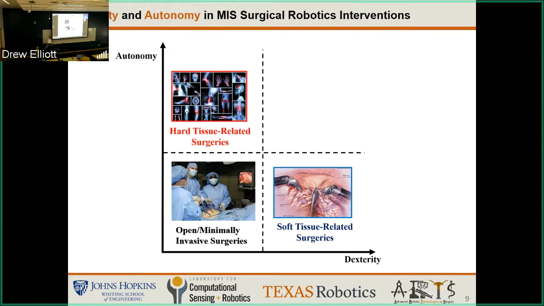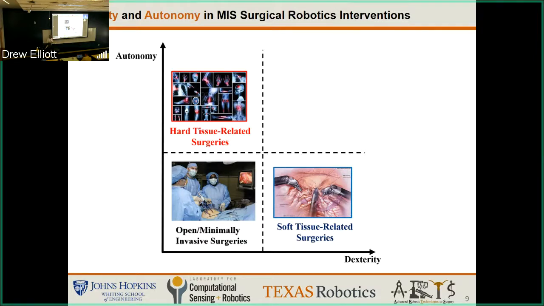If it's a hard tissue, in terms of autonomy we are good because we can plan and just cut with the robot. But in terms of dexterity we are not dexterous, because the first question, if you're using a flexible robot or instrument on a hard tissue, is whether we can transfer the torque, or whether it buckles or breaks. So with respect to hard tissues, we are bad in terms of dexterity.